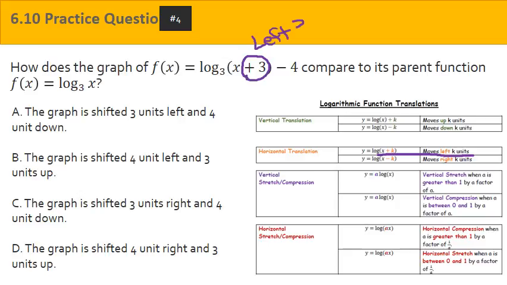So left 3. And if you're subtracting a number at the end, it goes down. So this one is going down 4. We need to choose the answer that says left 3, down 4. So shifted 3 units to the left and 4 units down. It looks like it's A.